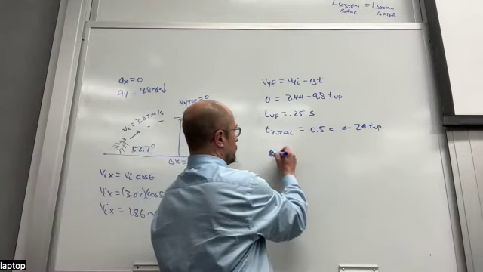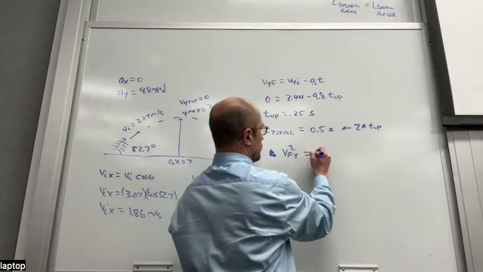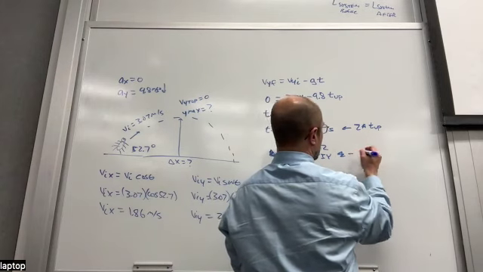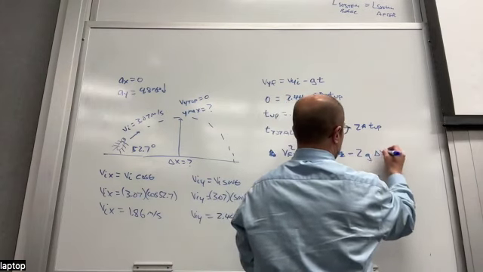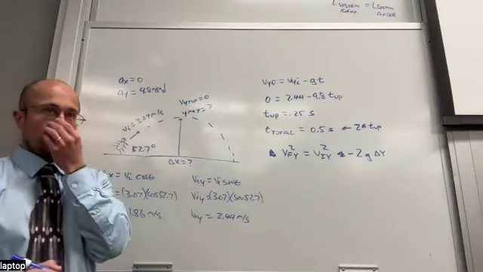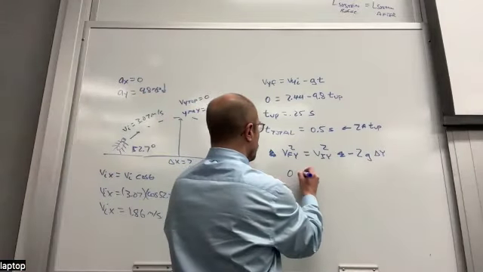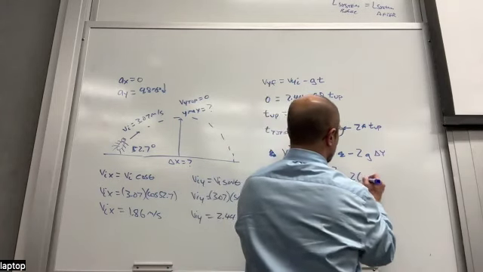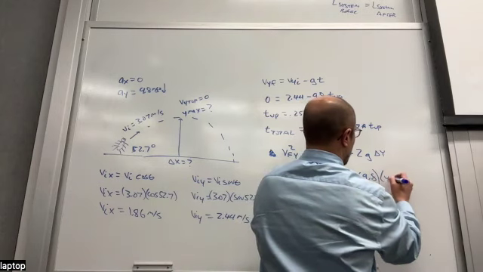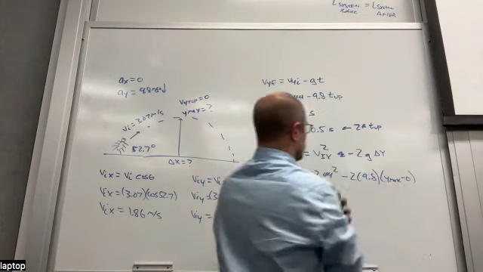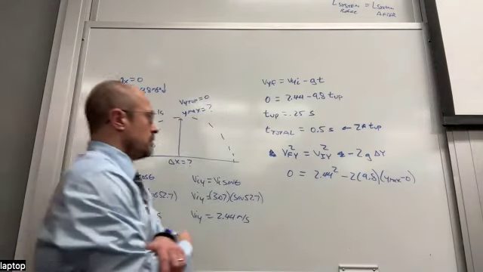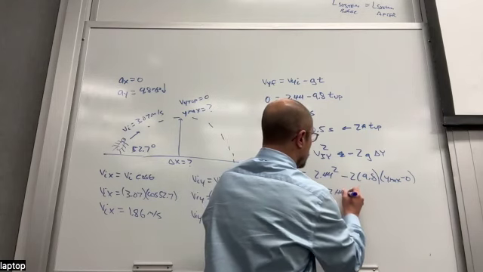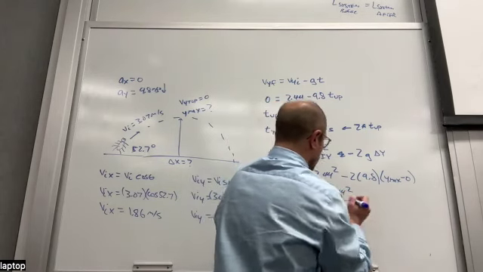So let's try Vy final squared equals Vy initial squared minus 2g delta y. Here then we have 0 equals 2.44 squared minus 2 times 9.8 times y max. So y max is just 2.44 squared divided by 19.6.